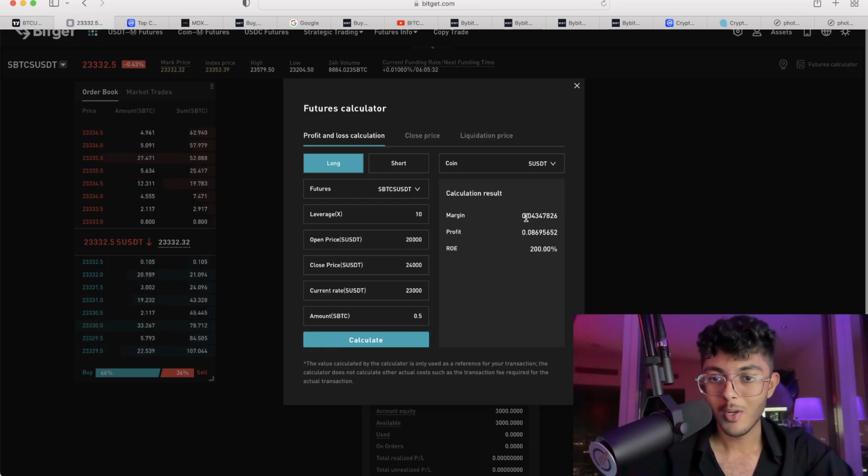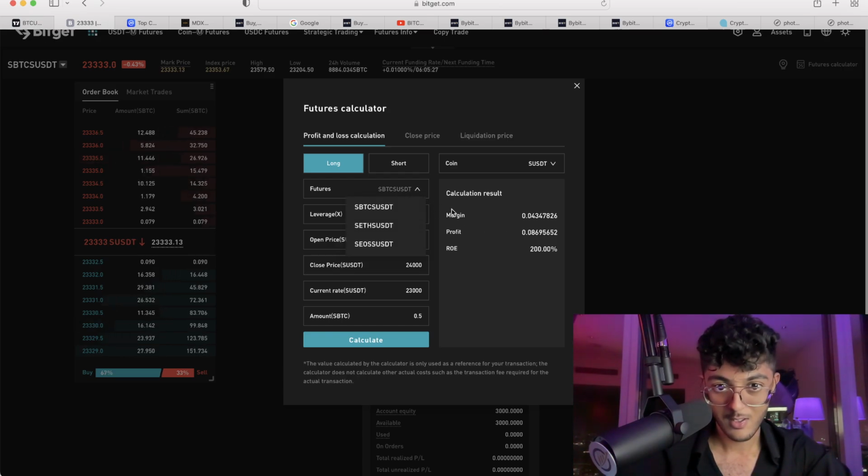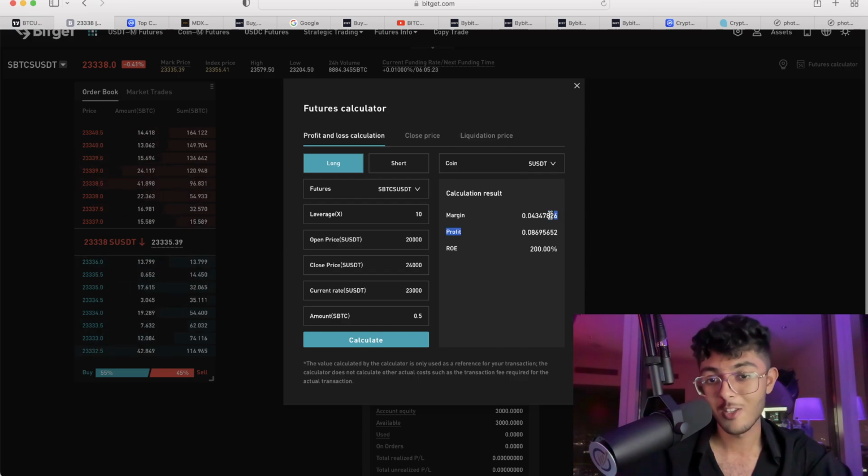It's actually quite impressive right here. You can see that this is not correct, actually. This needs to be converted to dollars for this to make sense, but we can just run this math on a calculator. The main number that I'm interested in is this return on equity right here. We don't actually need to make these calculations as long as we have this percent right here.